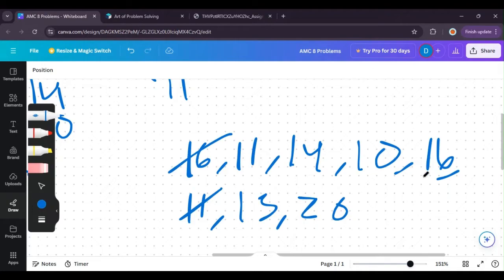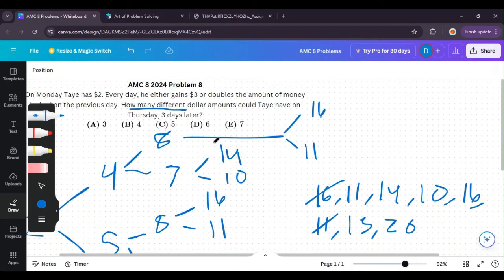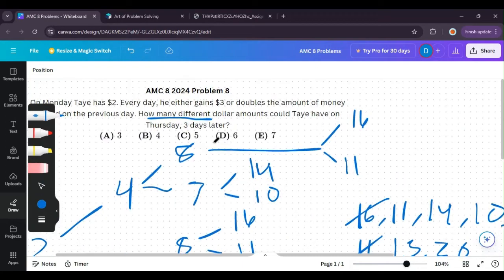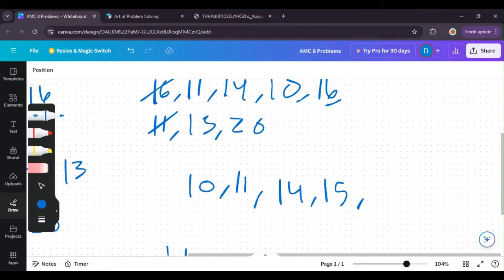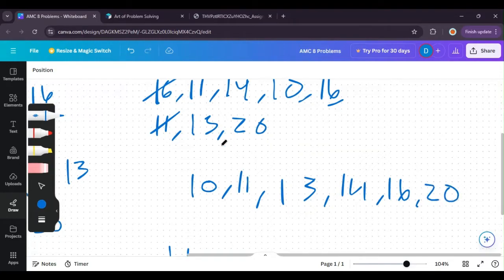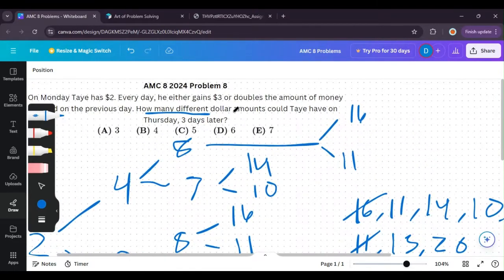So the different dollar amounts that he can have 3 days later are 10, 11, 14, 15. Wait, is that a 13? Yeah, that's a 13. My bad. So he can have 10, 11, 13, 14, 16, and 20. So 6 amounts that he can have. D.